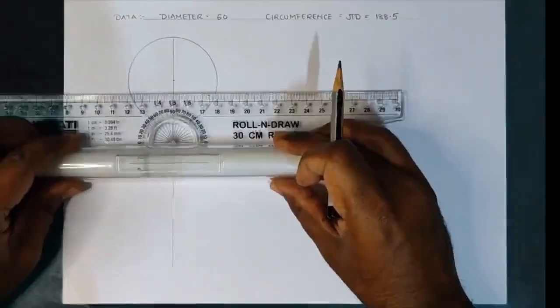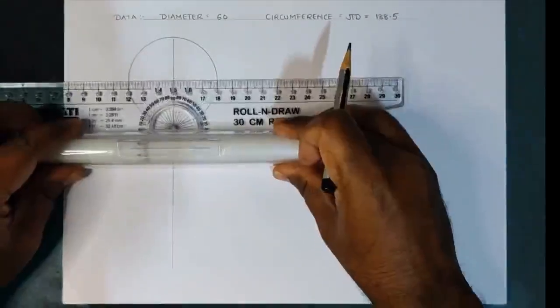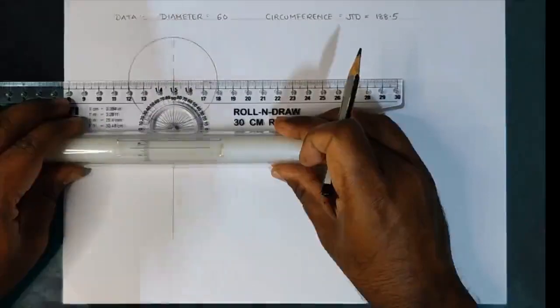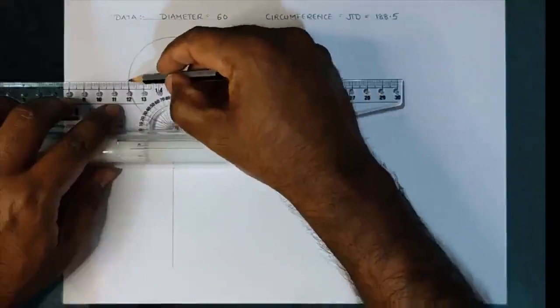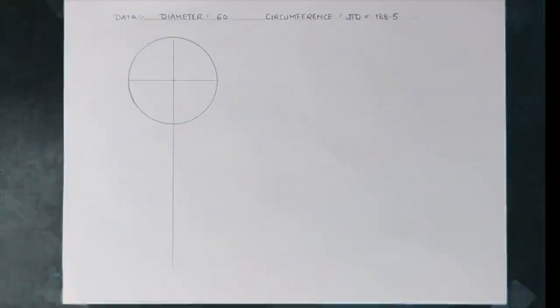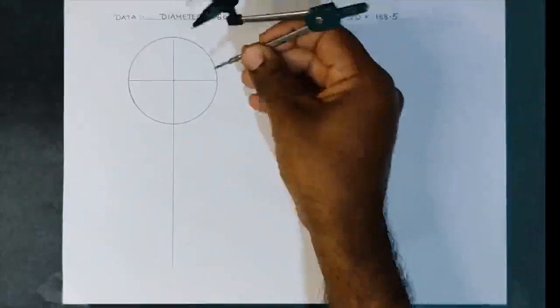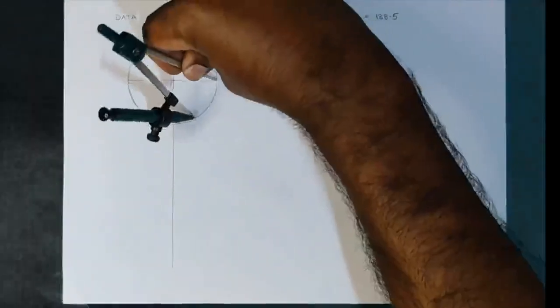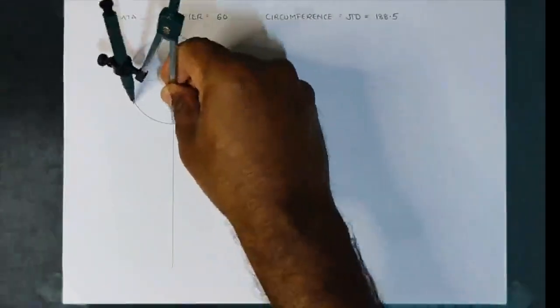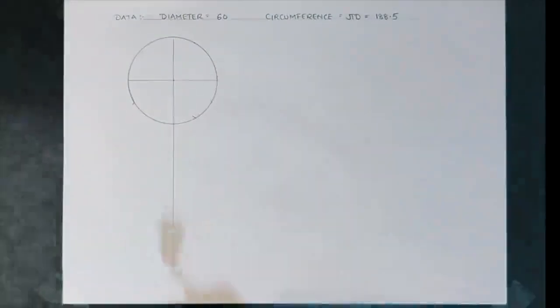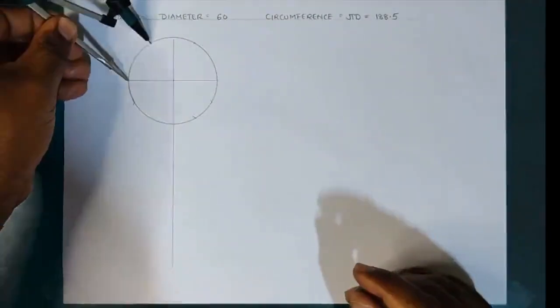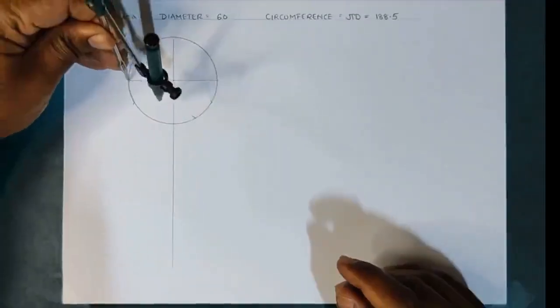Now I draw a horizontal through the center to divide the circle into 4 parts as shown. Using the same radius of 30 mm, I divide the circle into further equal parts. So in total I will be dividing the circle into 12 equal parts using the construction as seen in the video.